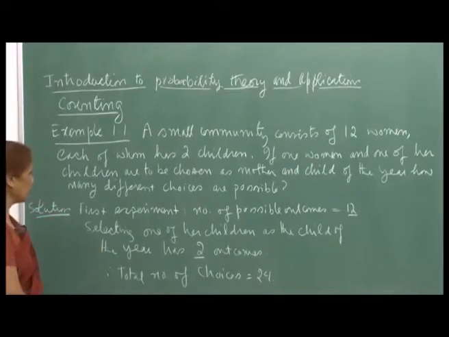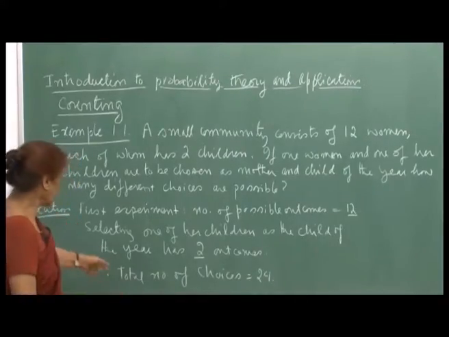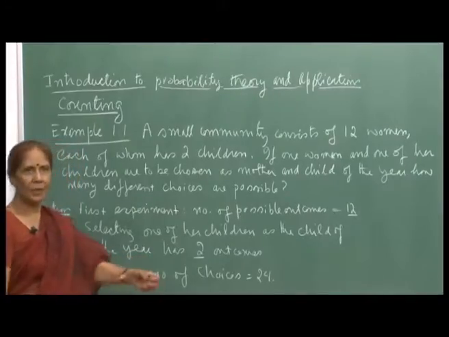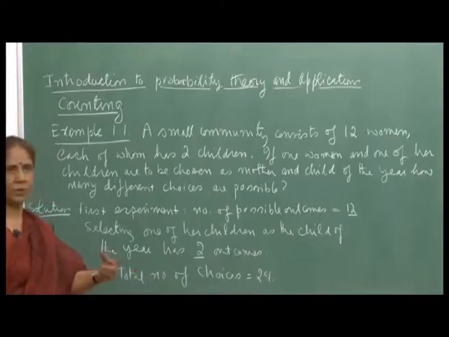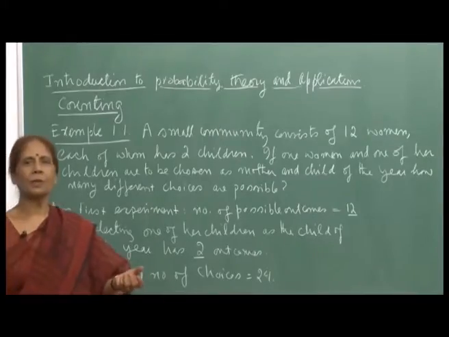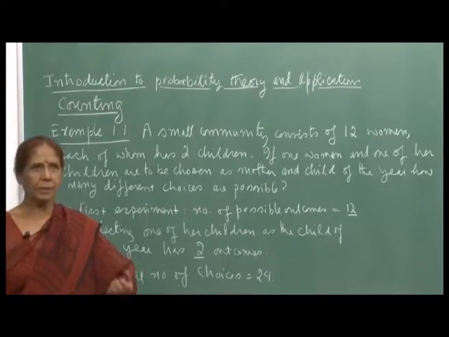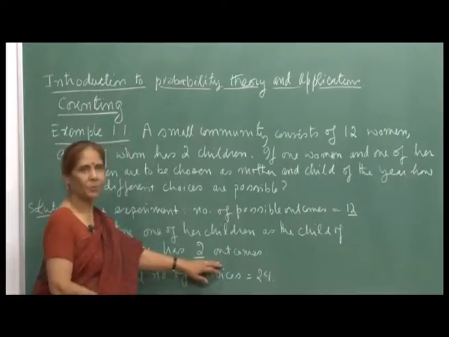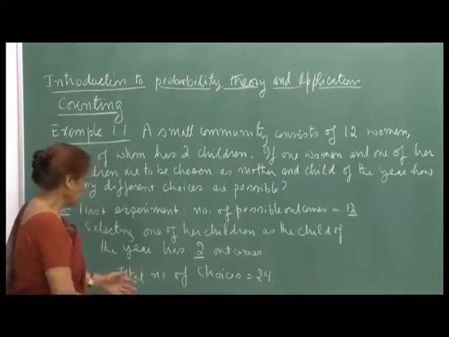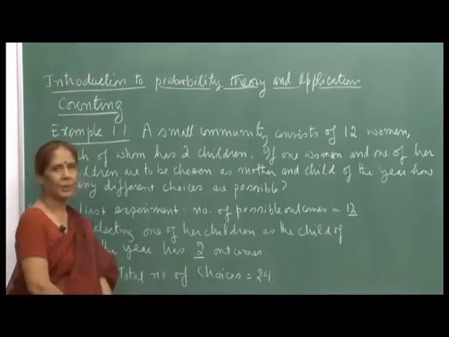The second experiment would be selecting one of her children as the child of the year. Once you have chosen the mother of the year, she has 2 children, and only one of them can qualify to be the child of the year. Therefore, the possible outcomes are 2. Then we say that the total number of choices is 24.